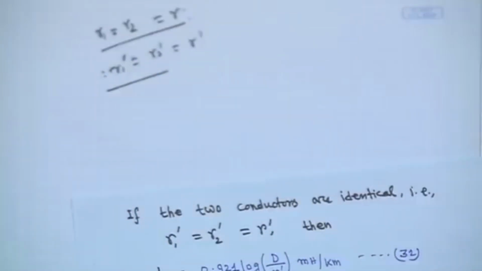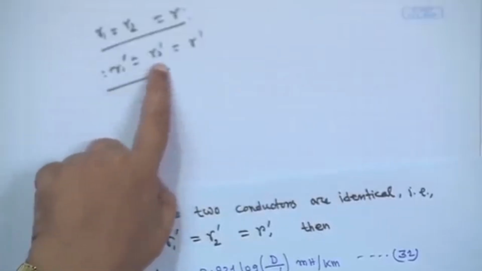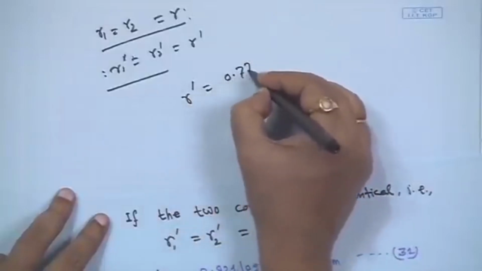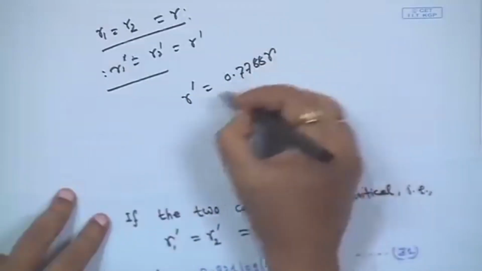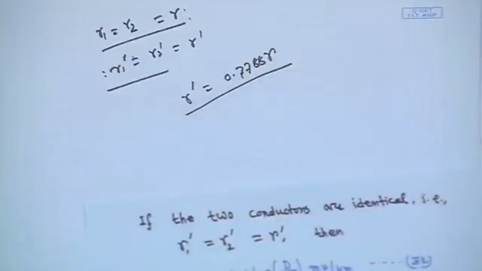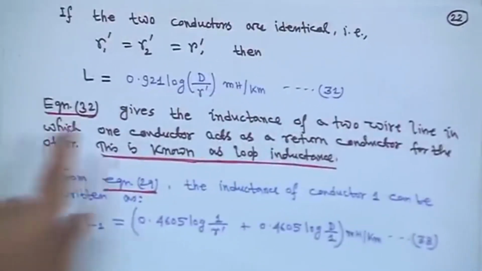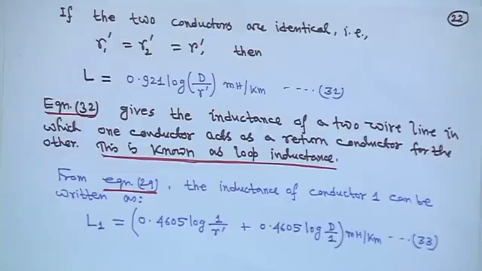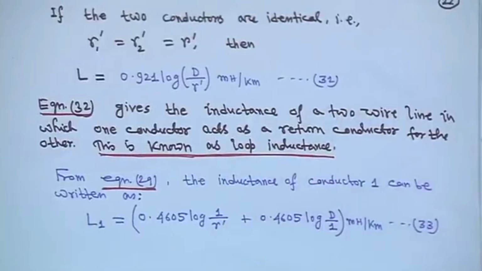Therefore, r1 dash is equal to r2 dash is equal to r dash, so r dash is equal to 0.7788 into r, the fictitious radius of the conductor. Therefore, L will become 0.921 log d upon r dash milli Henry per kilometer. This is equation 32.